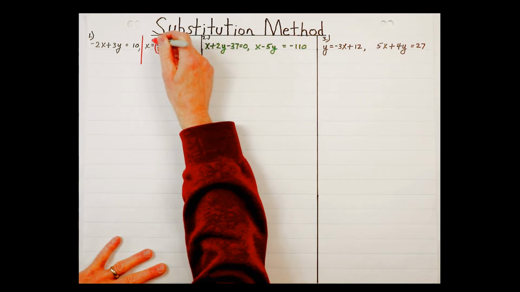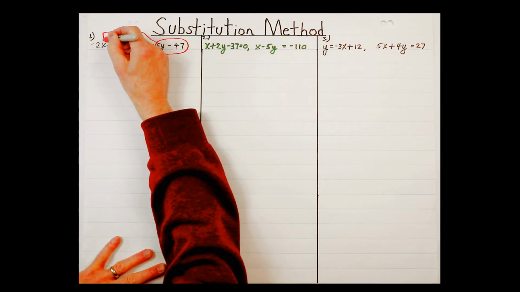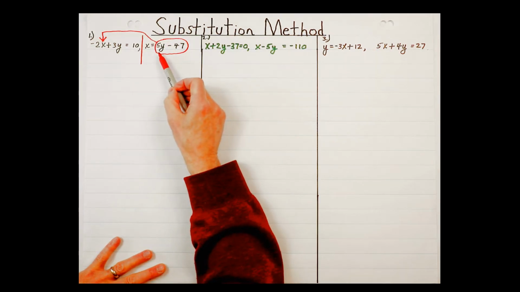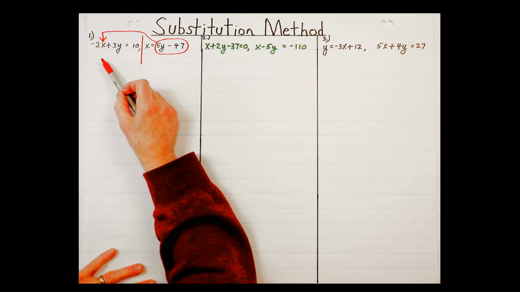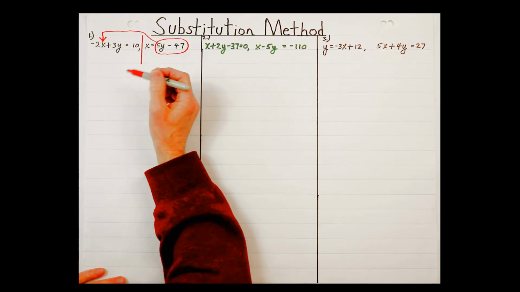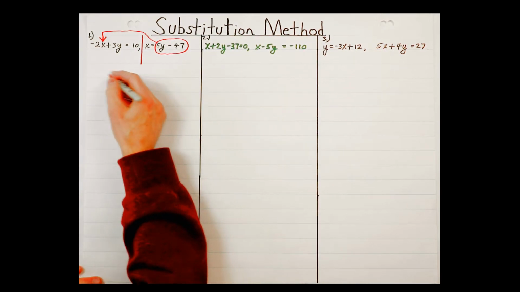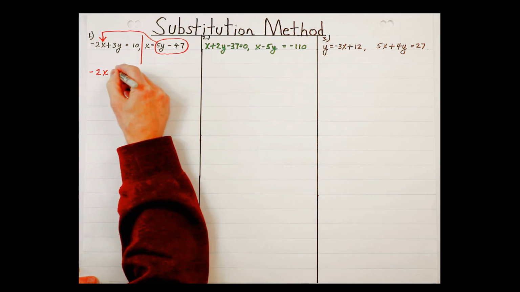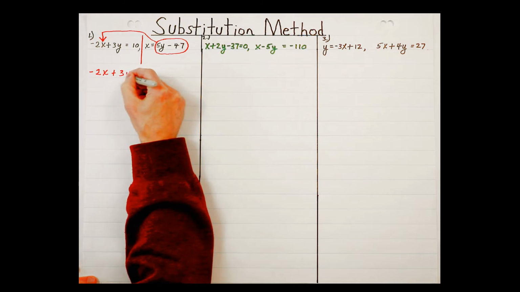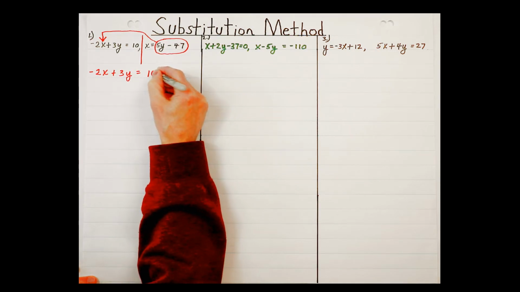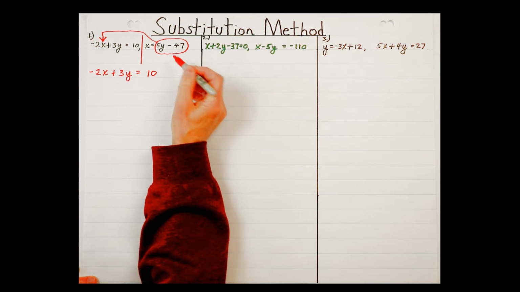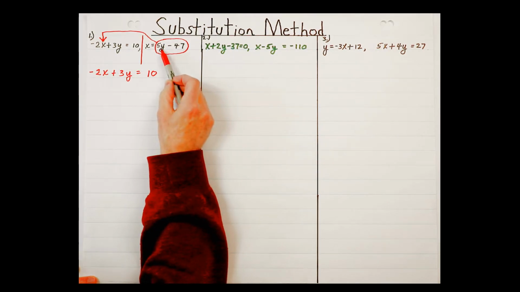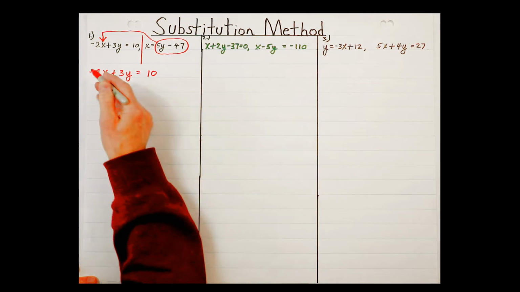So I can take this over into my other equation and substitute it in place of x. So I'm going to bring it down here. Negative 2x plus 3y equals 10. In place of x, we're not going to use x anymore. We're going to use 5y minus 47.